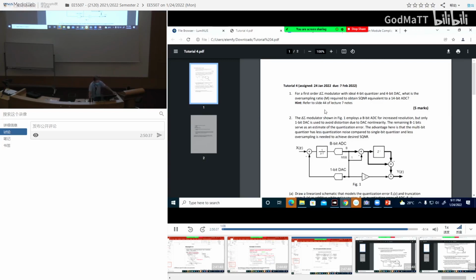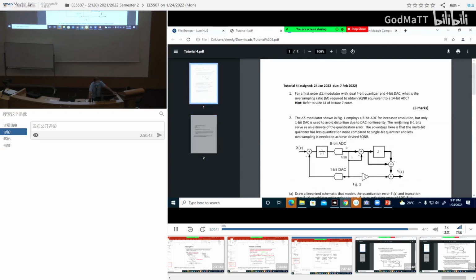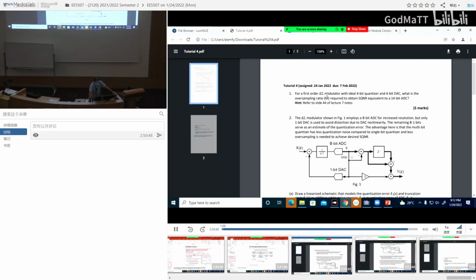This homework has a total of 3 questions. The first one is on the first order delta-sigma modulator. Please refer to slide 44 of the lecture 7 notes.